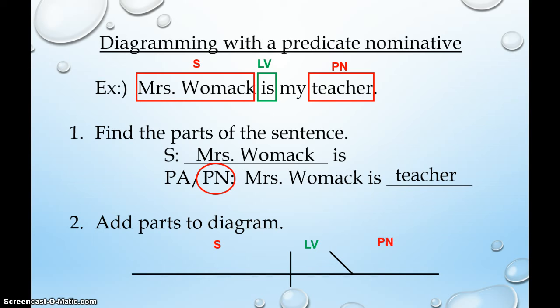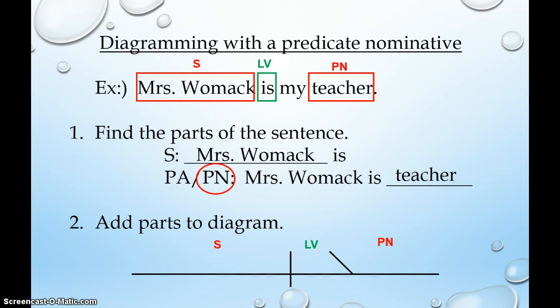Now keep in mind, if our line is straight up and down, it's straight vertical, we will be notating a direct object, which you cannot have with a linking verb. So it's very important that when you have a linking verb, you make sure that your line following the verb is slanted.